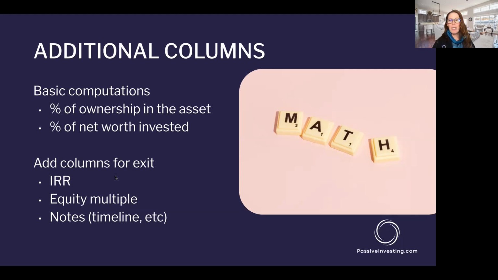Some added columns to put on your spreadsheet, because some people have their own spreadsheets going already, are to track what happens when the asset exits. So when an operator asks, hey, do you want a 1031 exchange on this asset with us?